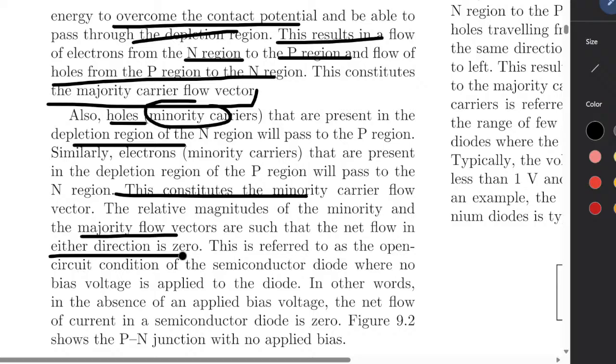This refers to the open circuit condition of the semiconductor diode, where no bias voltage is applied to the diode.